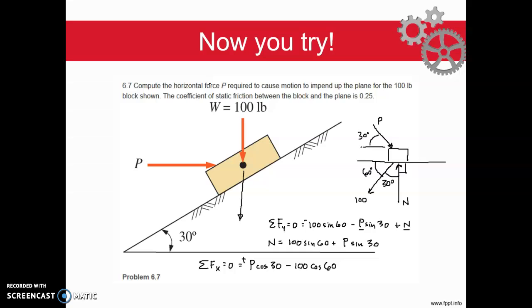And we want to push this up the plane. So that means that the friction is going to be going to the left. So we're going to minus friction, which is the normal force times the coefficient of friction, given to us as 0.25.